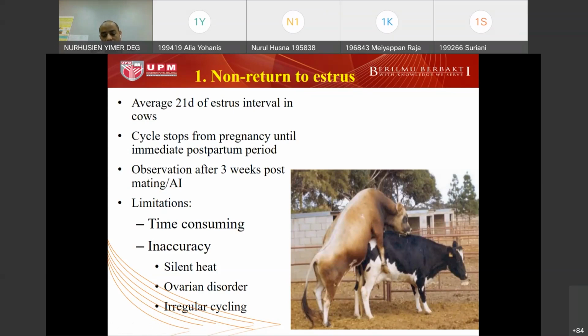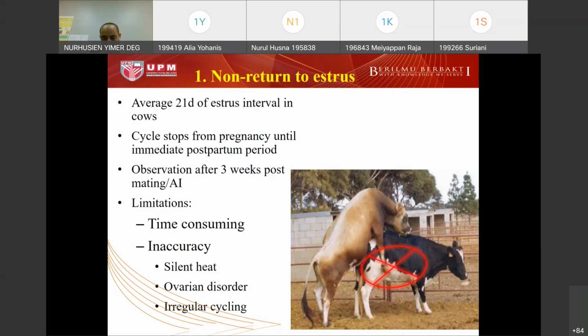This could be related to hormonal imbalance within the body of the animal, which can be related to other factors, including nutrition and environmental stress factors like heat stress. Many other factors can destabilize the hormonal balance in the body. So this problem also can lead to a miss or a false positive diagnosis, or inaccuracy of non-return to estrus as a pregnancy diagnostic method.